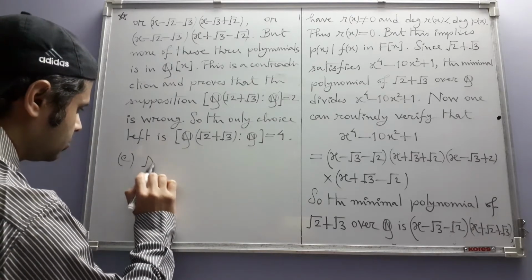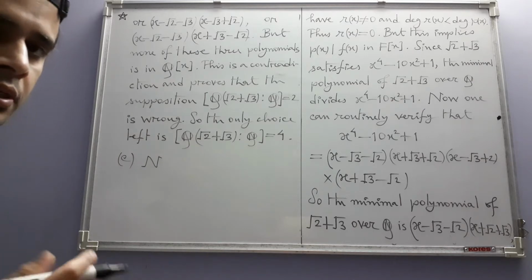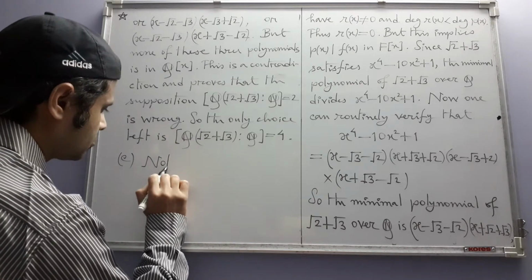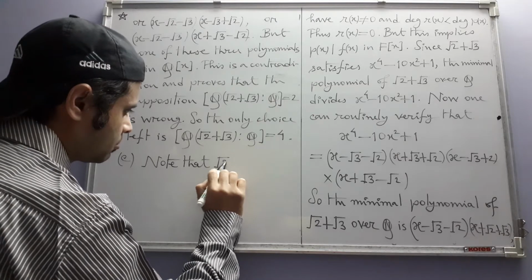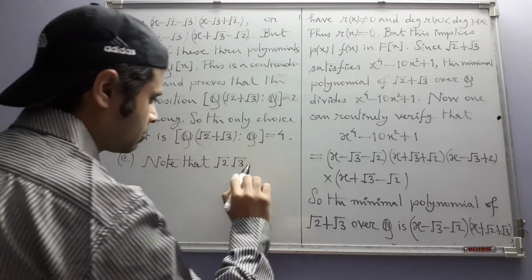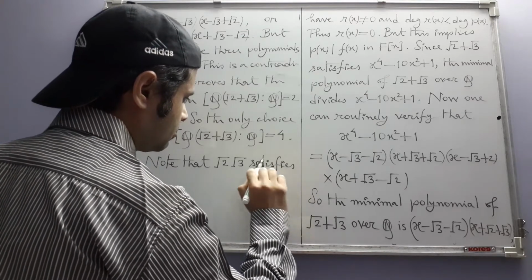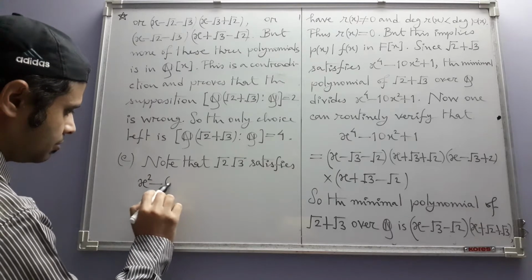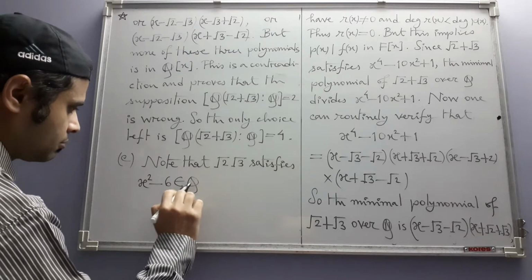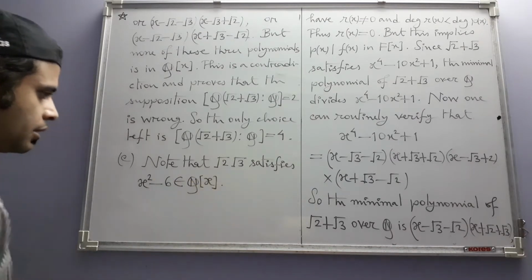Note that in this case we have to find the degree of root 2 into root 3, that is root 6 over Q. So this satisfies this quadratic polynomial in Qx.